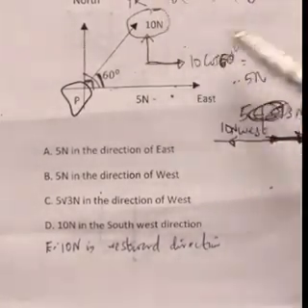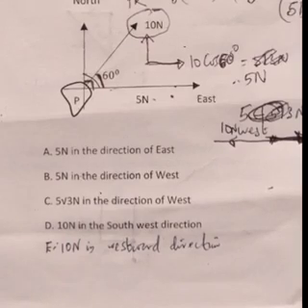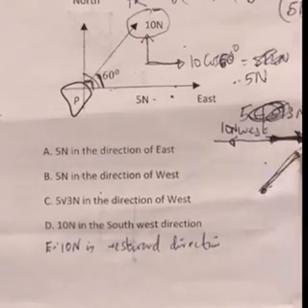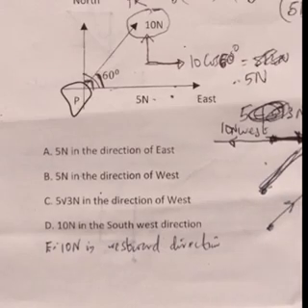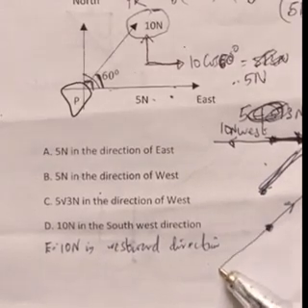So if the final answer is, let's say, 5 root 3 Newton northeast, then to stop this body from moving, we need another force in the opposite direction.